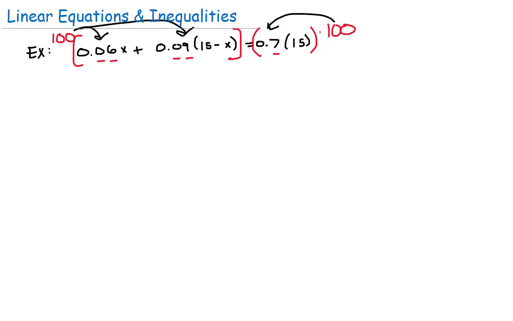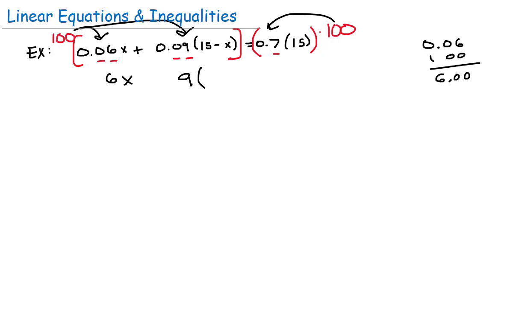And so what we have on the left, and we'll just write it out for the first one, but it's going to basically make the decimals go away, because if you have 0.06 and 6 is in the hundredths place, well, if you multiply by 100, then it's no longer going to be a decimal. If you work this out, you just get 6. You'll get 6.00, or just 6. And so over here we're going to get 6 times x, and then similarly in the middle here we're going to get 9 instead of 0.09.